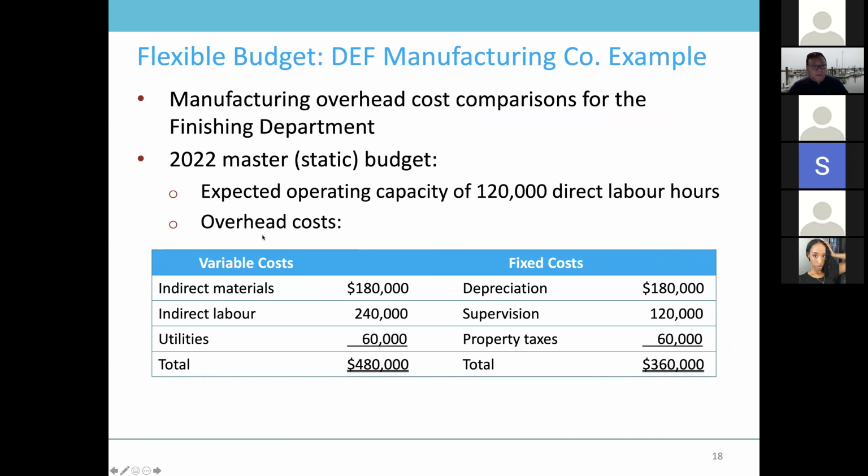Here's one example. This is the manufacturing overhead cost for the finishing department. The master budget expected an operating capacity of 120,000 direct labor hours. So what is the activity index in this scenario?